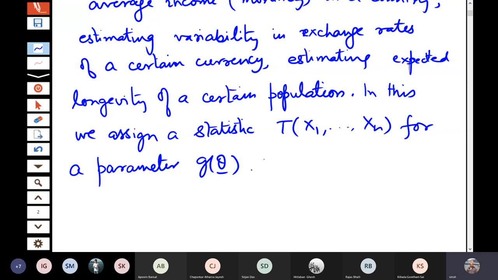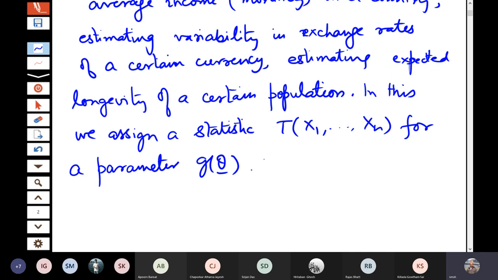So for example, if I want to estimate the average say income, then I may consider say median of the incomes for the sample that we have considered. If we are considering say average crop production of say wheat in Punjab, then we may like to take a random sample and then take the sample mean.